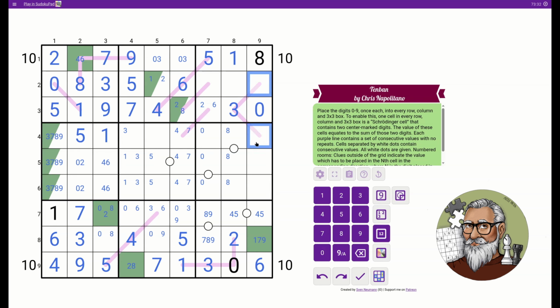But then these have to have values of what? 1, 2, 3. We can't have 1, 2, 3, so that's out of the question. We can eliminate that at least. 2, 3, 4 looks possible, or 3, 4, 5. So we definitely need a 4.